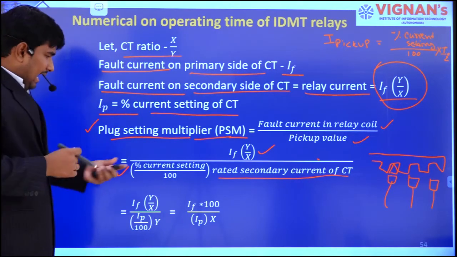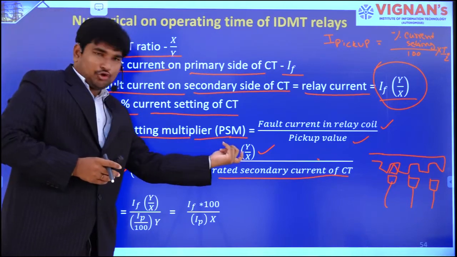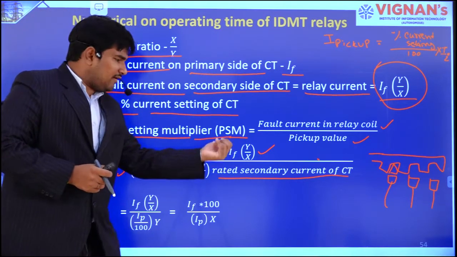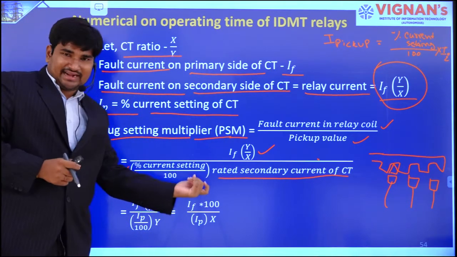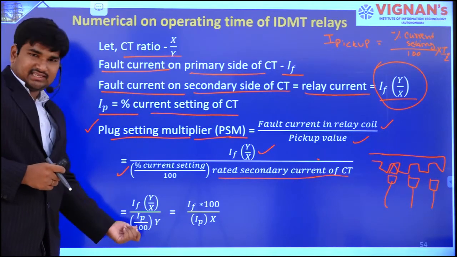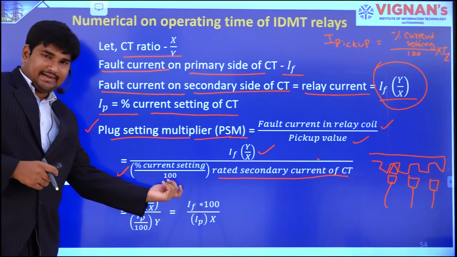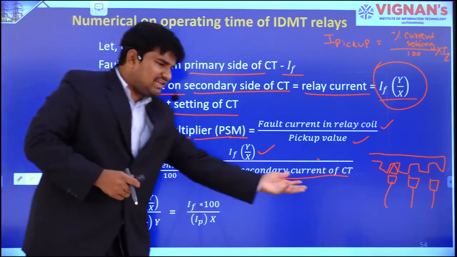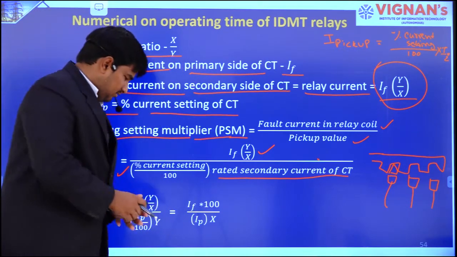Now I am replacing the terminology. In the numerator it is IF into Y by X, and in the denominator the percentage of current setting, which I call IP, divided by 100 into the relay secondary current, that is Y only, right?